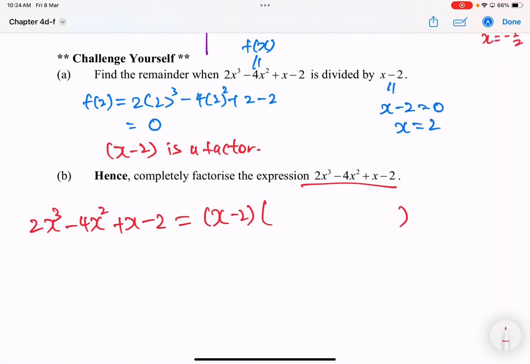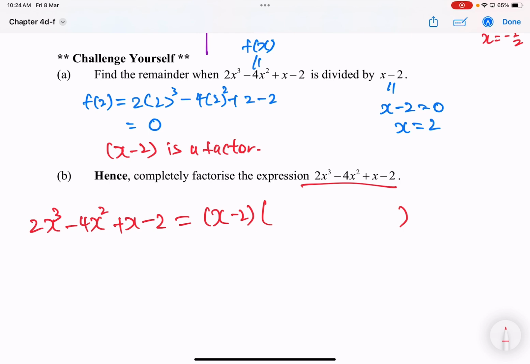This part, please pay attention, because even if you know how to do this, it is the key part. I need to multiply this thing by the quotient. But put on your thinking caps. If you want to get x cubed, this is degree 3, this is degree 1.